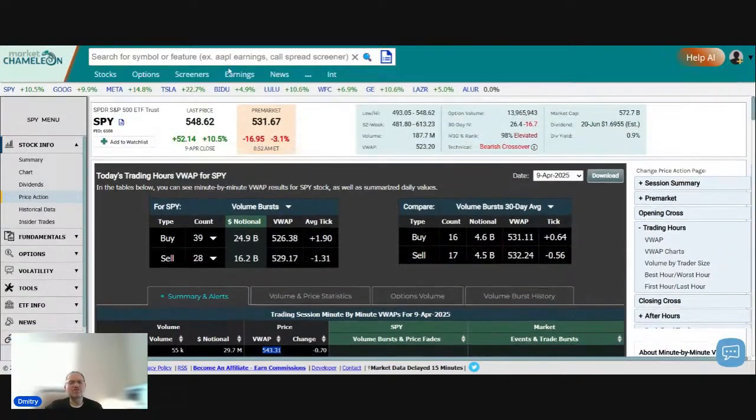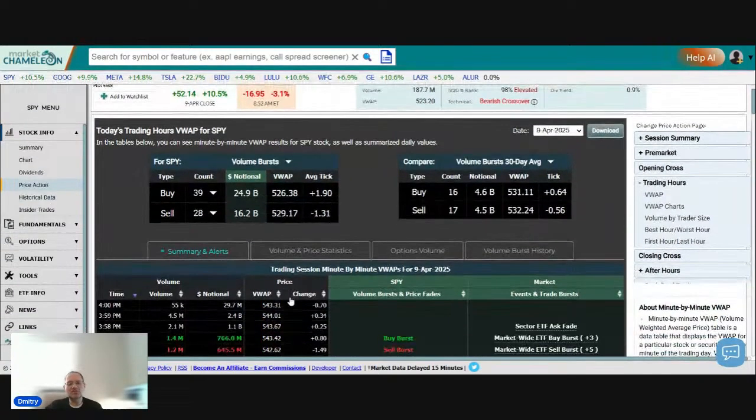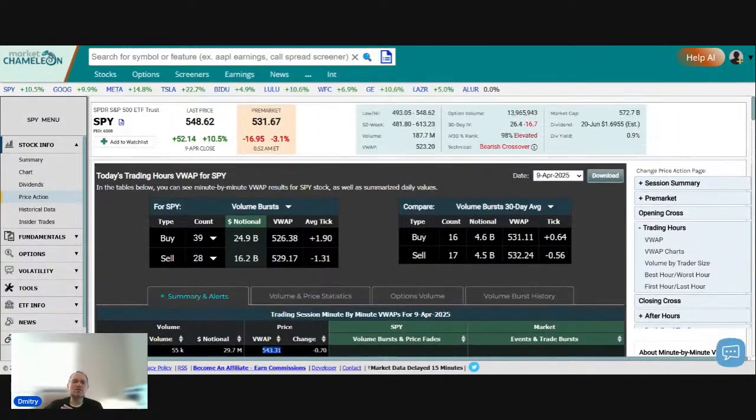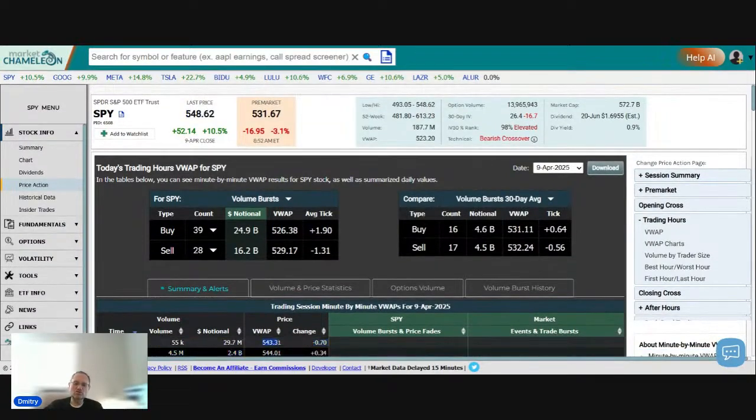But why did it close at 548.62? That's a big difference. Look, this is where the price was trading, $543.31. But it closes $5 higher, right? More than $5 higher than where this was trading.